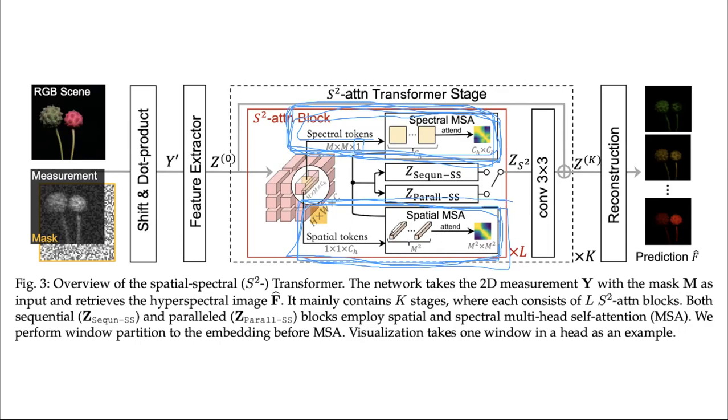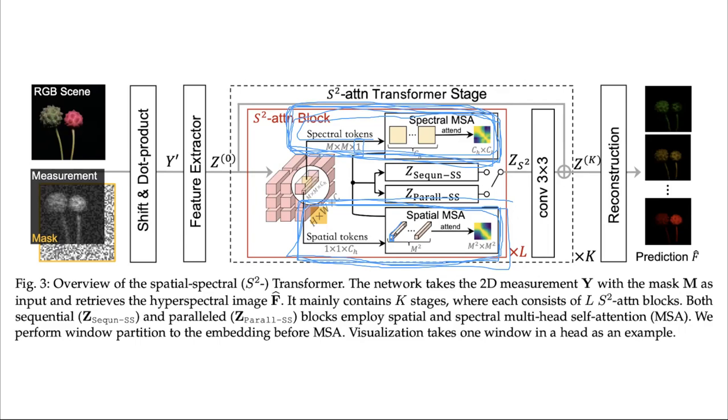So why does it look like this? Let's imagine this is height and width. Here, this is a pixel across all the wavelengths. Basically, this is the unit, this is a token.